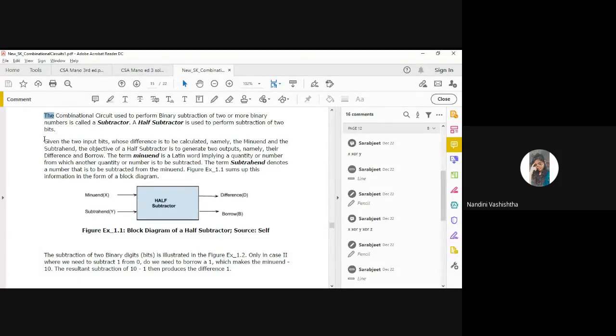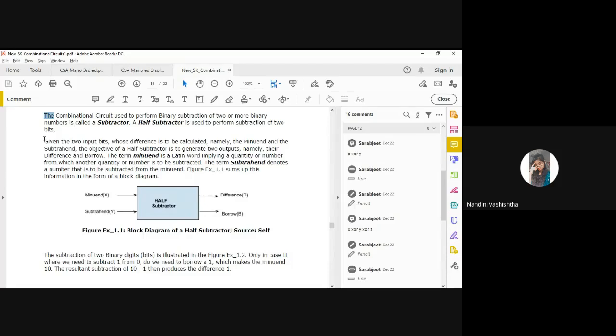A half subtractor is used to perform subtraction of two bits, given the two input bits whose difference is to be calculated, namely the minuend and the subtrahend. The objective of a half subtractor is to generate two outputs, namely the difference and borrow. The term minuend is a Latin word implying a quantity or number from which another number is to be subtracted.